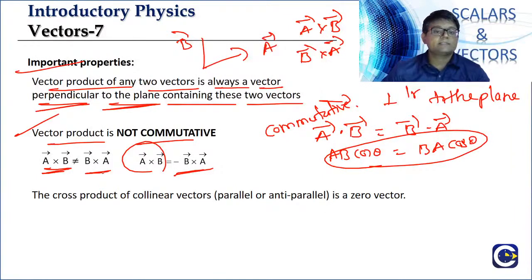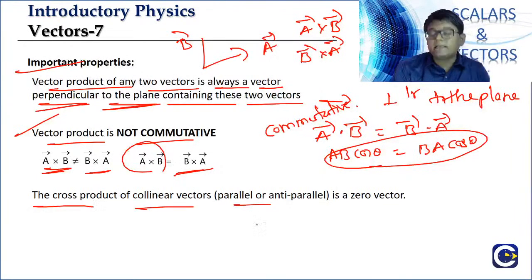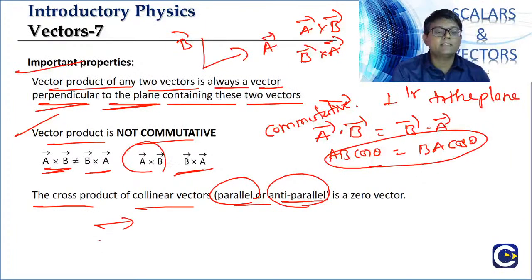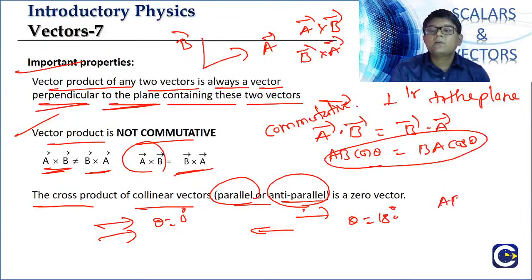Okay. Next, the cross product of collinear vectors. Collinear vectors means what? Either they will be parallel or anti-parallel. See, if two vectors are in the same direction, that means parallel. Theta will be equal to 0. If they are in opposite directions, that means anti-parallel. Theta will be equal to 180. Remember students, what is the cross product magnitude? A into B into sine theta, right?